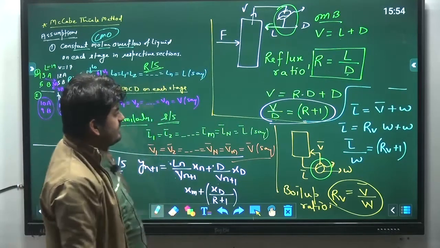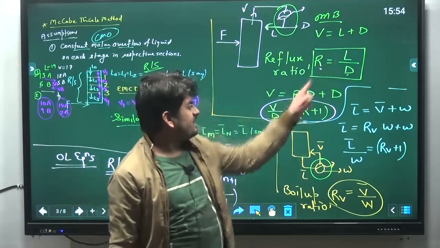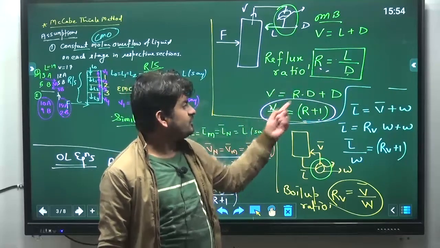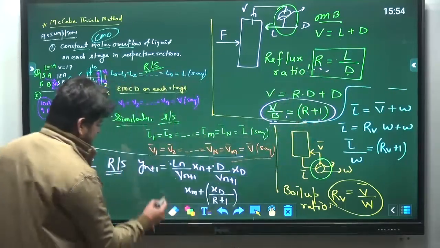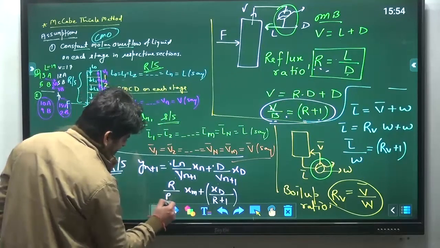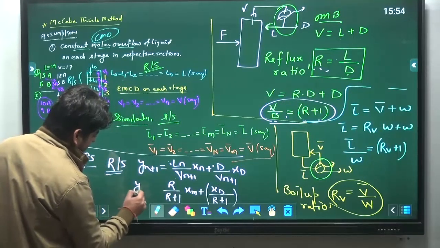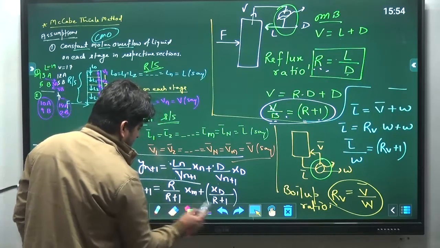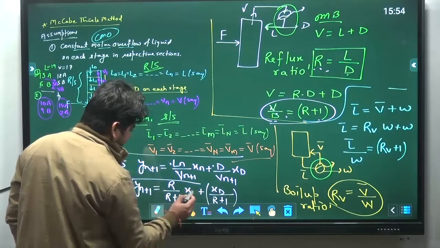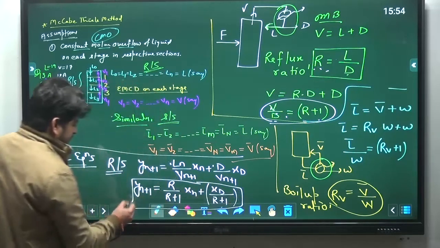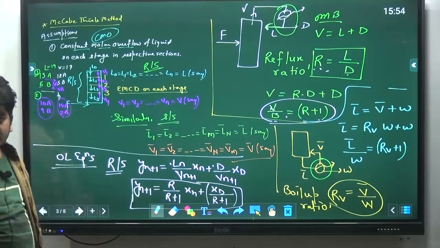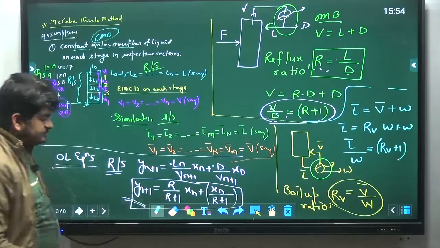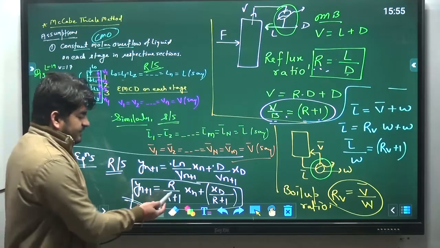And L upon V will become, L by D is R, V by D is R plus 1. So take these two ratios, you will get L upon V equal to R upon R plus 1. So this is the operating line equation for rectifying section in terms of reflux ratio.